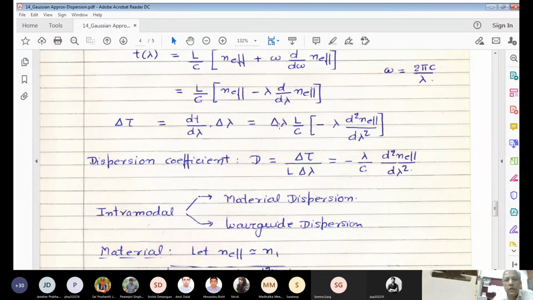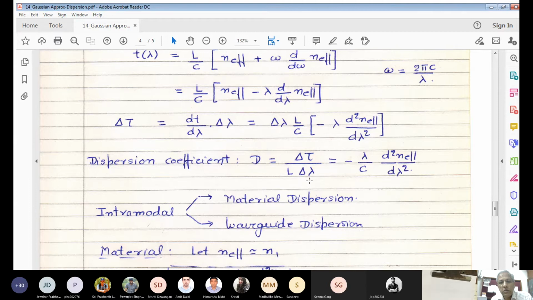So what we do, we generally define the dispersion coefficient. How is it defined? Pulse broadening per unit length of the fiber per unit bandwidth of the pulse. So this is how we define the dispersion coefficient. And this dispersion coefficient is fixed for a fiber actually. It does not depend whether the fiber is 1 meter long or 10 meter long, and it does not depend whether the input pulse is 1 nanometer width or 2 nanometer width.